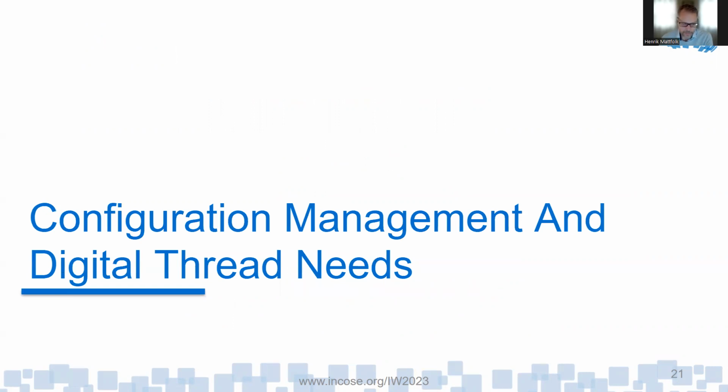So now let's get into the main section here, looking at some of the needs and jobs that stakeholders are doing, or some of our engineers, and especially the ones where the digital thread and configuration management play a role and can help.